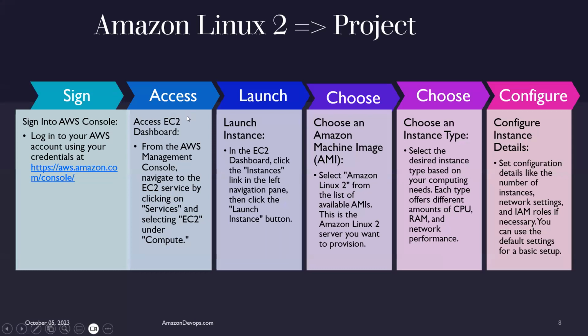When you get into the console, we're going to go to the dashboard and select the kind of resource that we want. In our case, we want an EC2 instance. Why do we need an EC2 instance? Because it's a server and has computational power. After that, we are going to click on launch. And after launching, we are going to continue with the whole process.